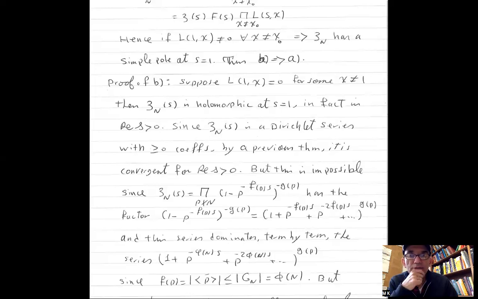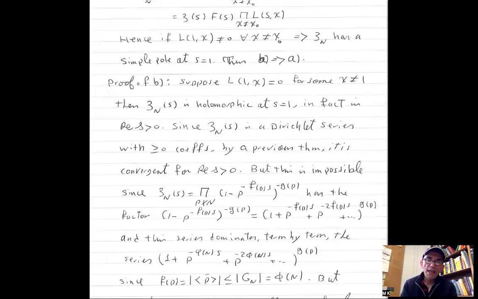So the product, namely zeta n of s, is going to have analytic continuation all the way to real part of s bigger than 0. If one of these L functions vanishes at s equal to 1, zeta n of s is going to have an analytic continuation to real part of s bigger than 0.